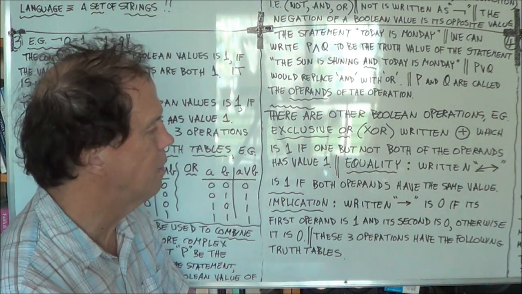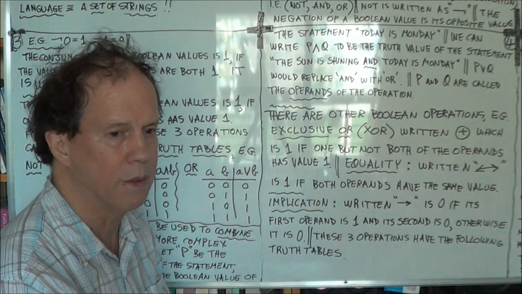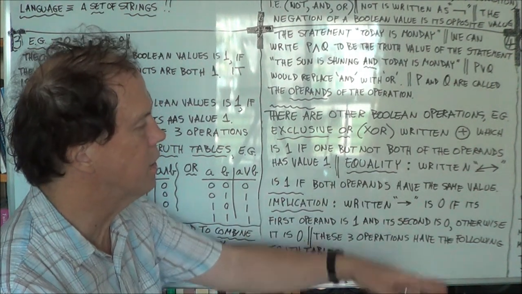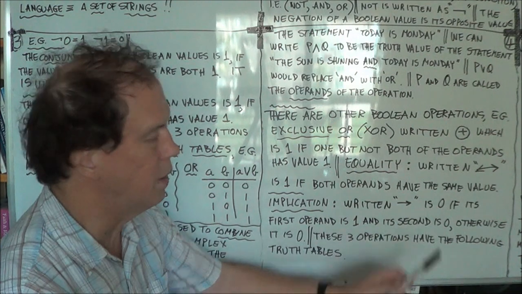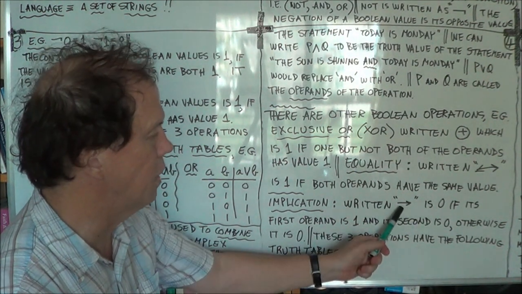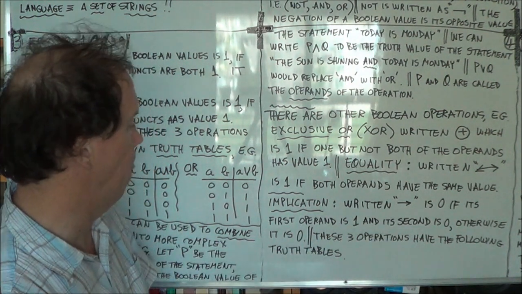So if that doesn't happen, then A arrow B is false, and it gets the value 0. And in the other three cases, A arrow B is 1 by definition. That's how you define this operation using implication.